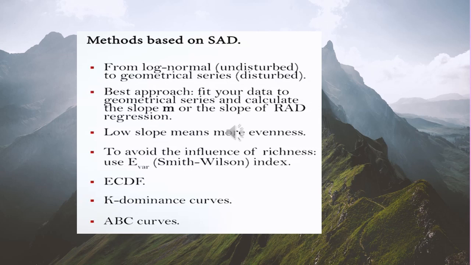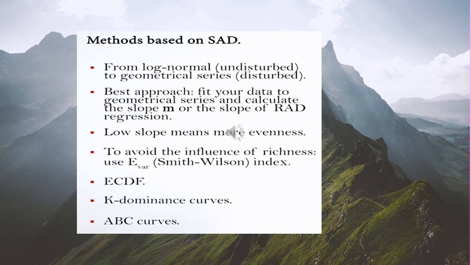Another parameter of species distribution to analyze the impacts on biodiversity is the ECDF, which, as I have taught, is the empirical cumulative distribution function, or you can also use the K-dominance curves. And the last way is a new graph that I will be showing you in the next slides, which you can use to analyze the impact of anthropogenic effects by using the ABC curves.